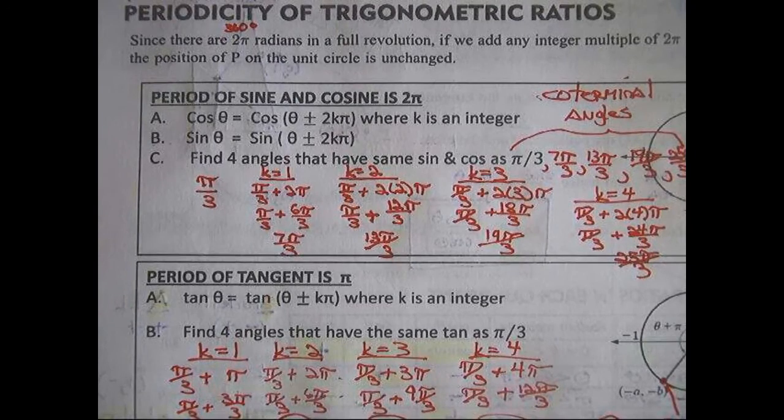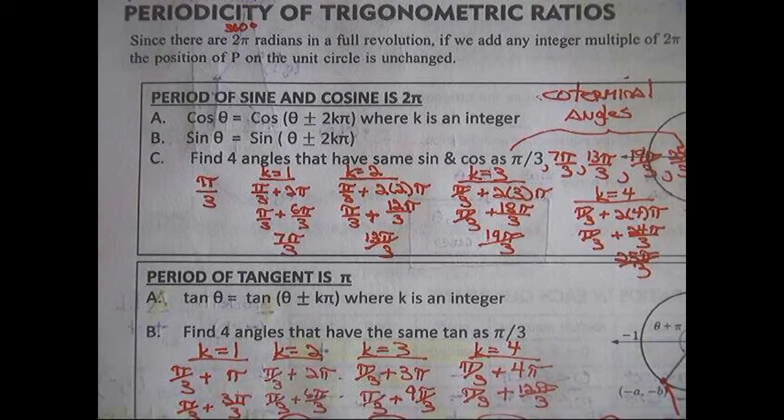How far apart are those y values that repeat? What's the distance between pi over 2 and 3 pi over 2? How many degrees? 180, yeah, or pi. It's the same thing.